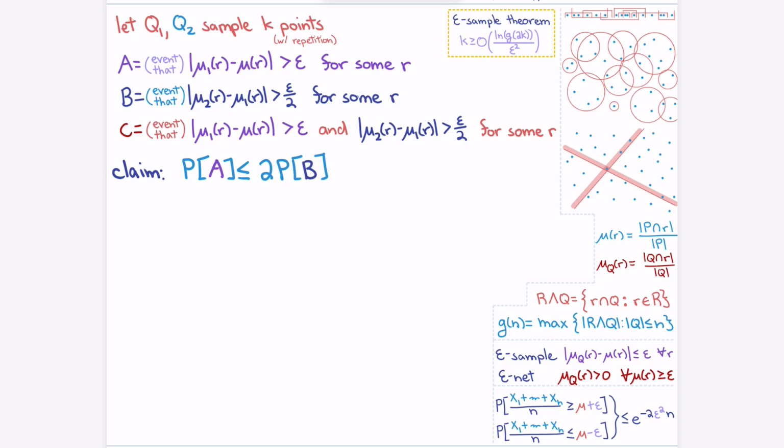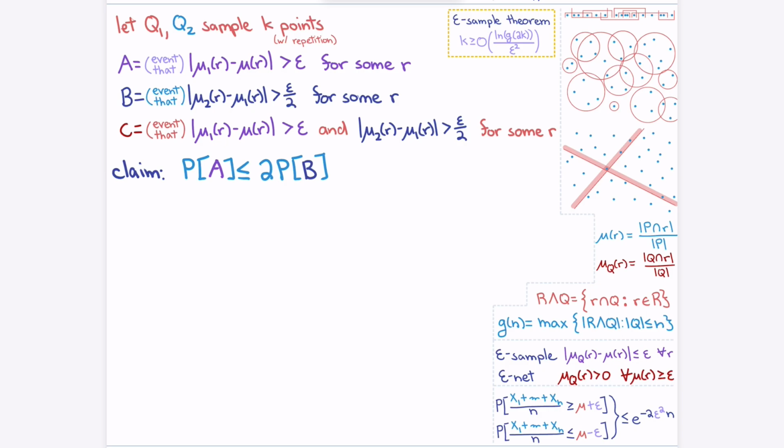Event B is mu1 and mu2 are off by epsilon over 2 for some range R. You might hope you can get a better bound for event B, because there seems to be a limited number of distinct ranges at play. Once I fix Q1, there's only so many ranges I have to worry about for Q2. So if I can, up to a factor of 2, turn event A into event B, that'll be a huge victory.